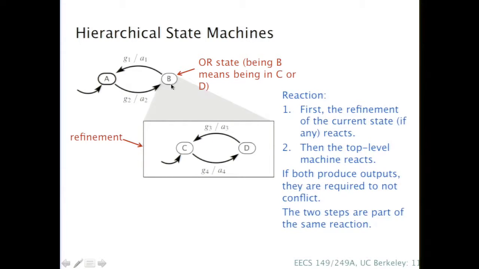The way to interpret this is that if I'm in state B, I'm actually in either C or D. But it can be either one, not both, one or the other. In Harel's notation, he called B an OR state because it's not really a state. It's a placeholder for being in one of several other states.